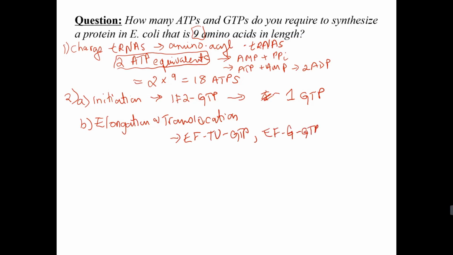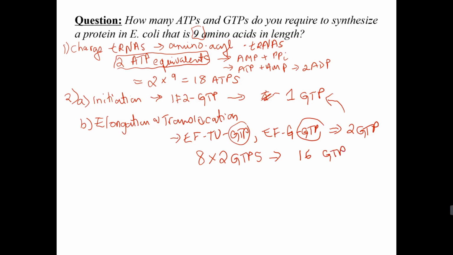And remember, we've already brought in our first amino acid, the initiator, the formyl initiator methionine. So now we only need 8 EF2s and EFGs. So we have an equivalent of 2 for each insertion of amino acyl tRNA and translocation. And since we have 8 amino acids left, 8 times 2 GTPs, so that gives us 16 GTPs to elongate and translocate so that we create our 9 amino acid polypeptide that will then undergo termination.